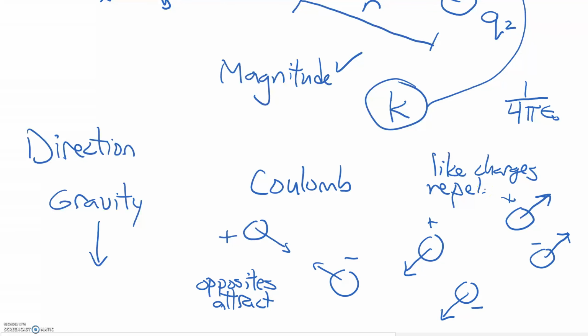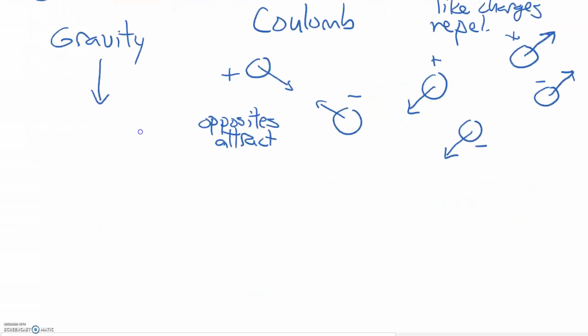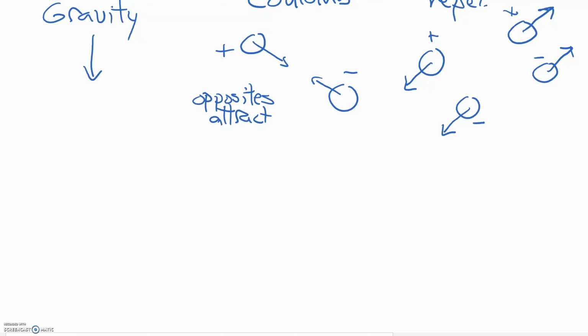Okay, so I should mention one more thing before I stop. If you've taken a chemistry class, you probably know a lot more about these charges. And for you folks, I'll just confirm what you already know, that charges come in integer units of very small things. Charge, we say in physics, is quantized.